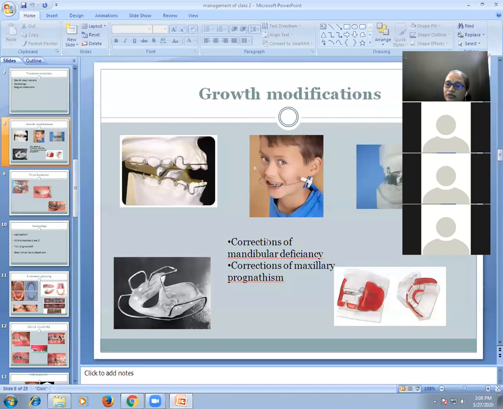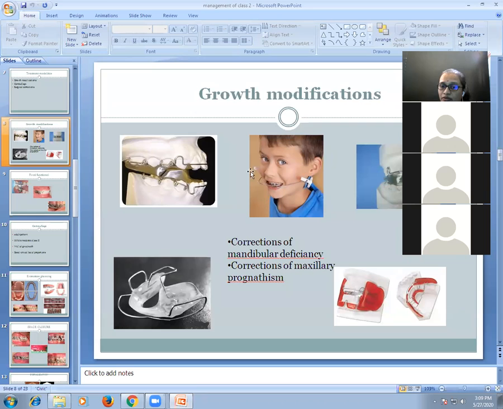It can also help in promoting the growth, but when you are treating the class 2 malocclusion, when the upper arch is prognathic, maxilla is prognathic, mandible is retrognathic, you will try to pull forward the mandible and stop the growth of maxilla.